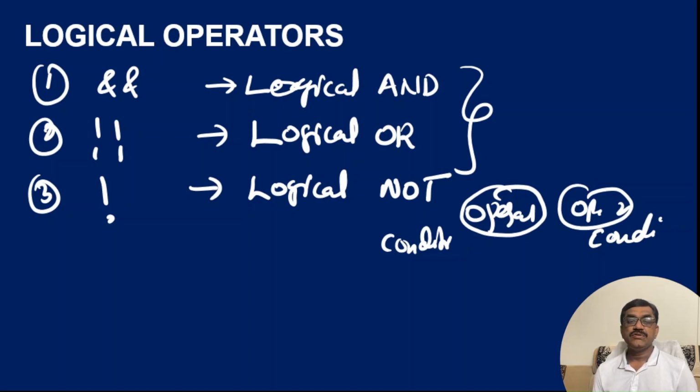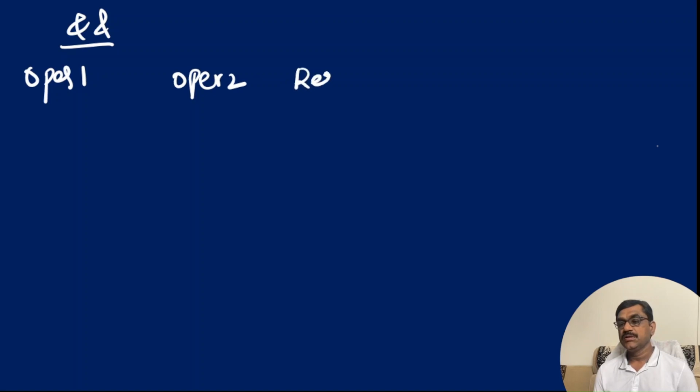Now we will see examples for this. First, we are talking about logical AND. In this case, I'm taking the first condition, or I can say operand 1, the second one is operand 2, and here the third column I'm taking as the result. Assume that operand 1, the first condition, is true and the second condition is also true.